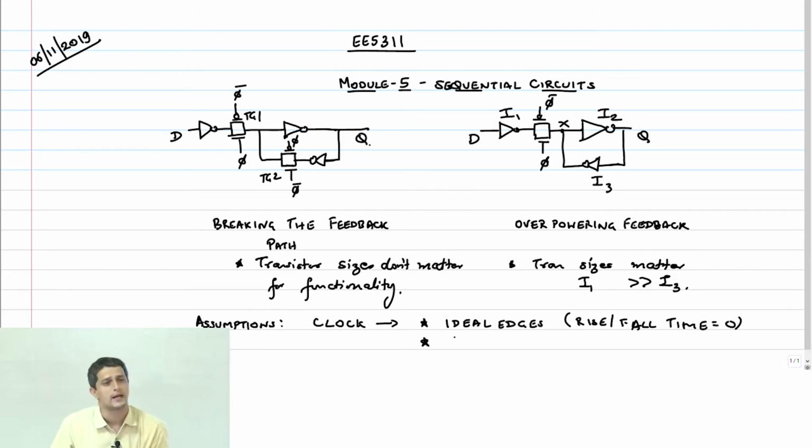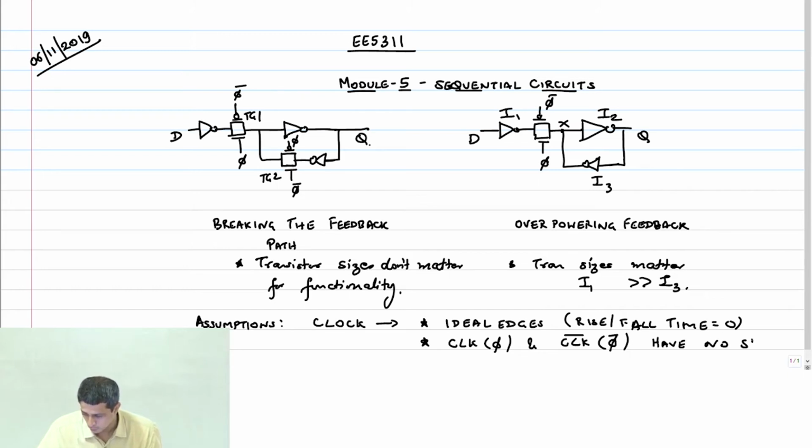Then we also made another assumption that clock, or phi as shown here, and clock bar, that is phi bar, have no skew. What is skew? It means the edges are perfectly aligned. This is the assumption that we made, and based on that we got some expressions for the setup time, the clock to Q delay and the hold time.